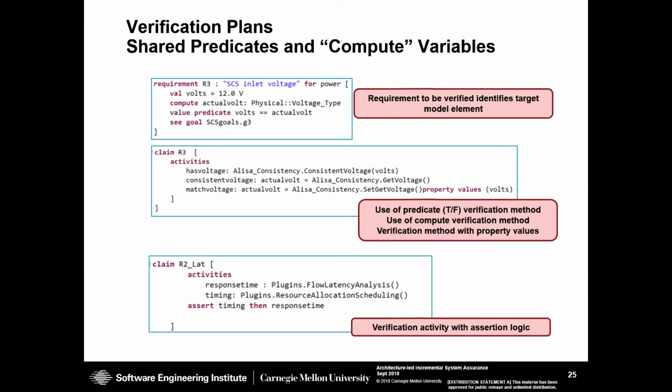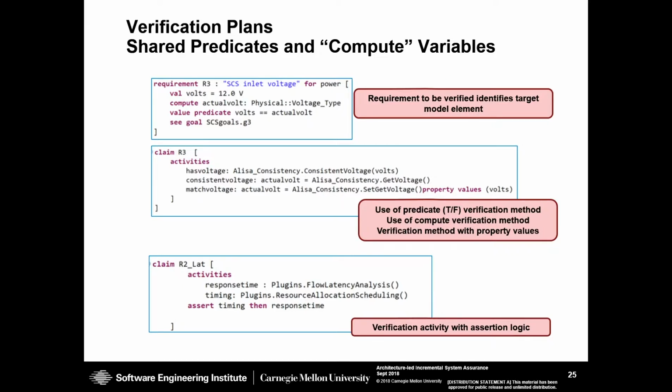So when we look at verification plans, we have a requirement, R3, that talks about some voltage for an incoming feature called power. We have a constant in volts with a unit of volt. We have a compute variable.